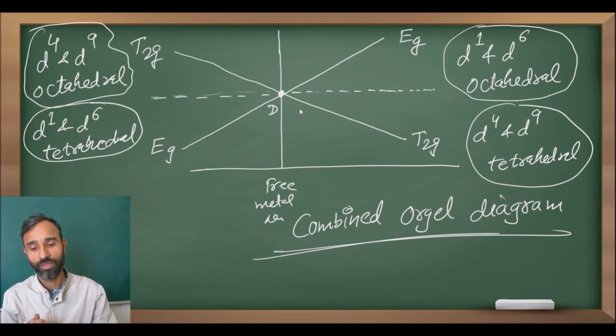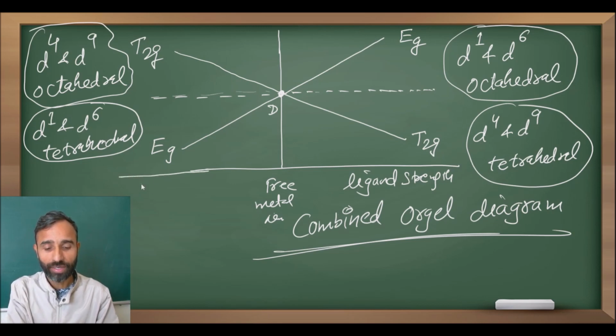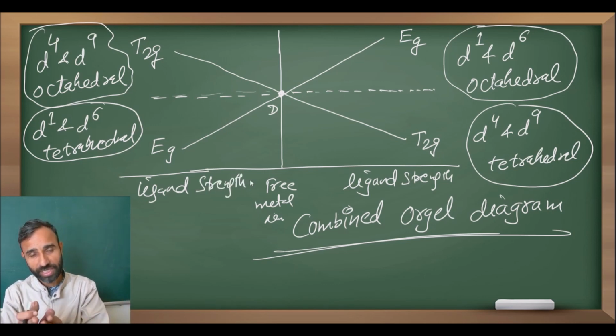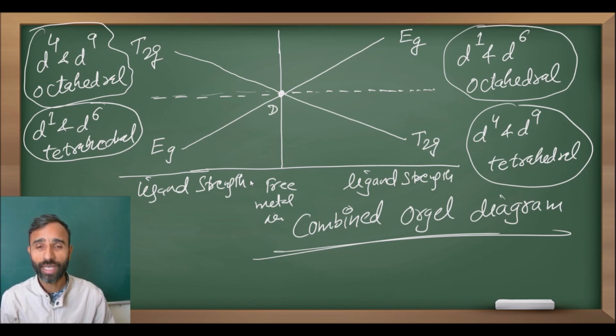And as ligand strength increases, the difference between T2G and EG increases, and again here on both sides. At the same time, it is qualitative. We cannot calculate energy here, but we can qualitatively see that the energy difference increases as the ligand field increases. And the strength of the ligand we can see from the spectrochemical series.